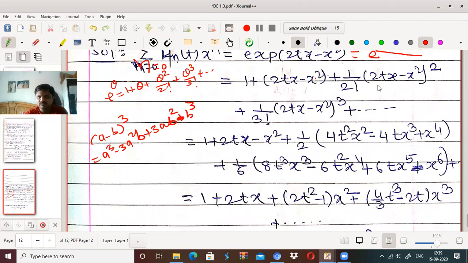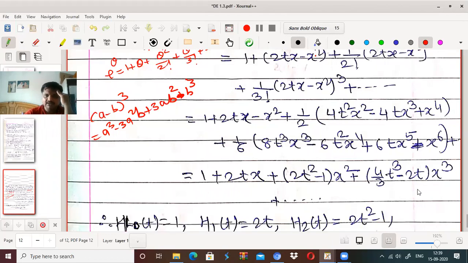If we take its square, 4t square x square into x square, that is 4t square x to the power 4, and multiplying by 3, that is minus 6t square x to the power 4. Then here the cube is there so the next term plus comes, that's why it is plus 3 times a into b square, 3 into 2tx into x to the power 4, therefore 6t x to the power 5, minus b cube, (x square) cube, x raised to power 6 and so on. Higher powers of x will be there, no problem.